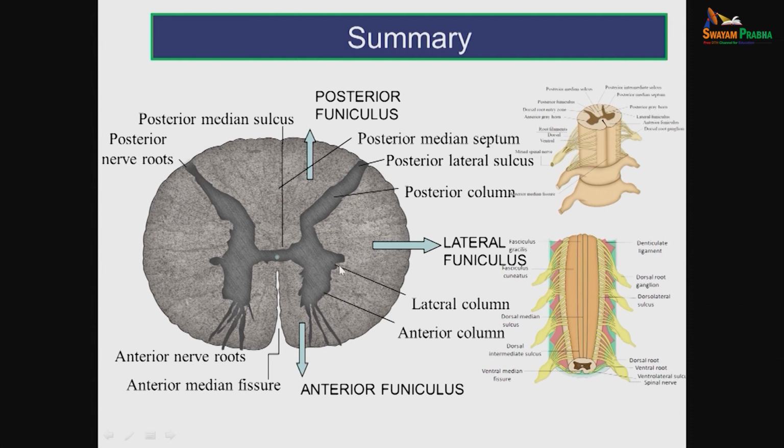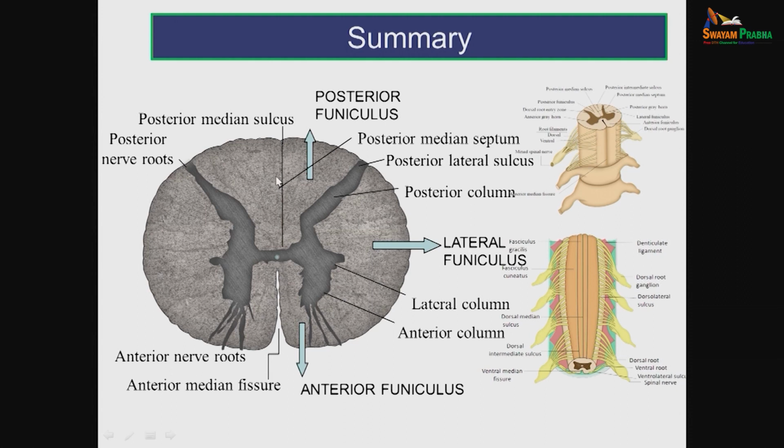On an internal section, cross section of the cord, we studied that the grey matter is H-shaped. We said grey matter is composed of nerve cell bodies, neuroglia and blood vessels. The predominance of neuronal somata gives the greyish appearance. We talked about 2 ventral grey horns, 2 posterior grey horns, and a central area and a grey commissure which is traversed by the central canal.